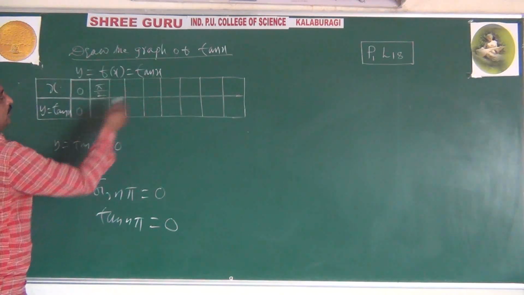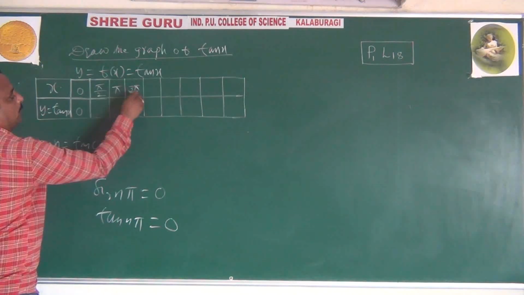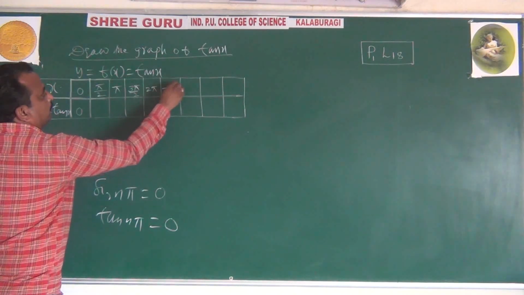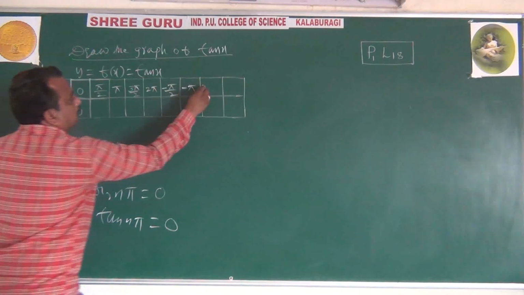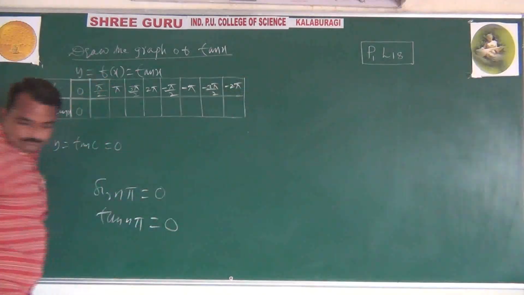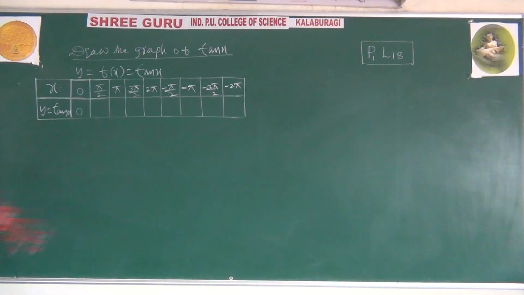Next, I will write the domain values: in the interval we have taken, pi by 2, pi, 3 pi by 2, 2 pi, and the negative values, minus pi by 2, minus pi, minus 3 pi by 2, minus 2 pi. Now let us calculate.